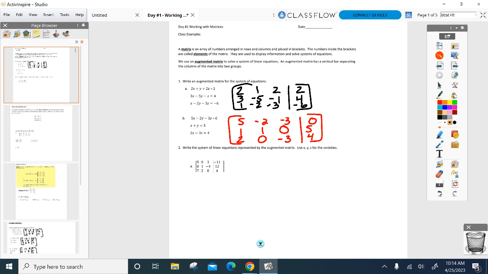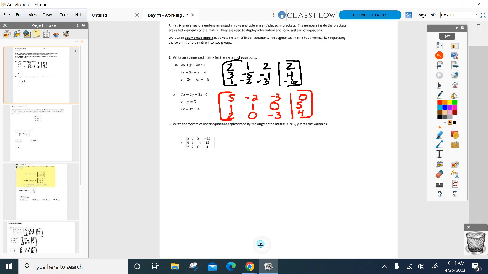I just want to make sure you can now take it out of a matrix. So here's your matrix. Can you help me write the equations they came from using x, y, and z as your variables? So first equation, 5x. Everyone sees there's no y? Yeah.